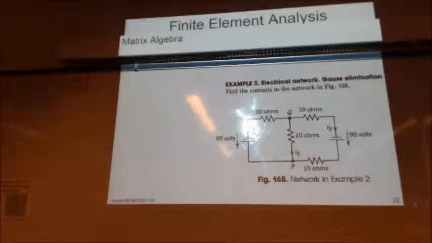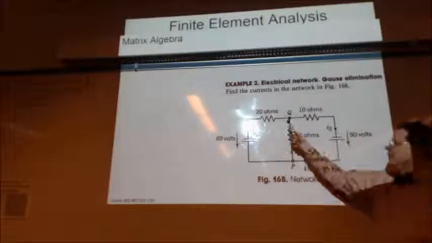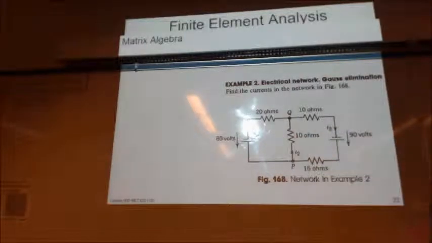So conservation of current, any point or node of a circuit, the sum of the inflowing current equals the sum of the outflowing current. And then conservation of voltage is any closed loop. So we have a loop here, we have a loop here. The sum of all the voltage drops, the resistors, equals the impressed electromotive force. So the battery or wherever the energy is coming from.